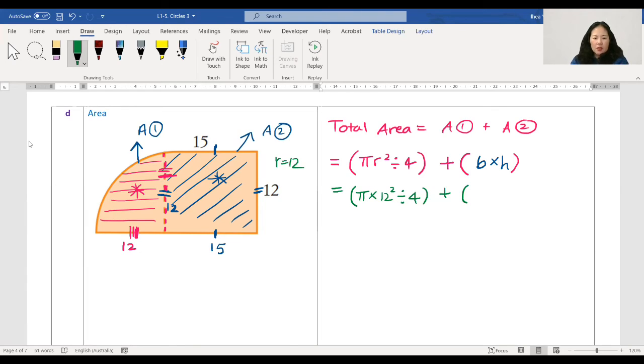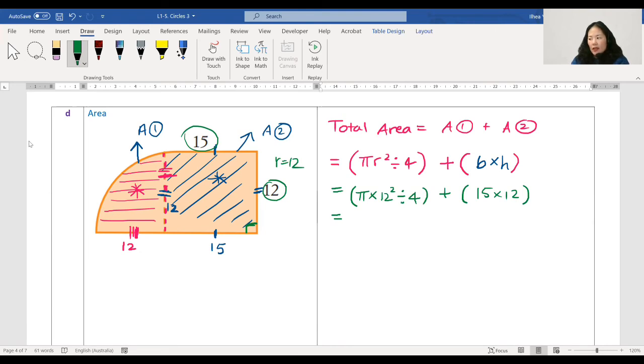It doesn't really matter which one is your base and which is your height. You got two numbers there, and that's what we need. So 15 times 12 or 12 times 15, doesn't matter which way you do it.